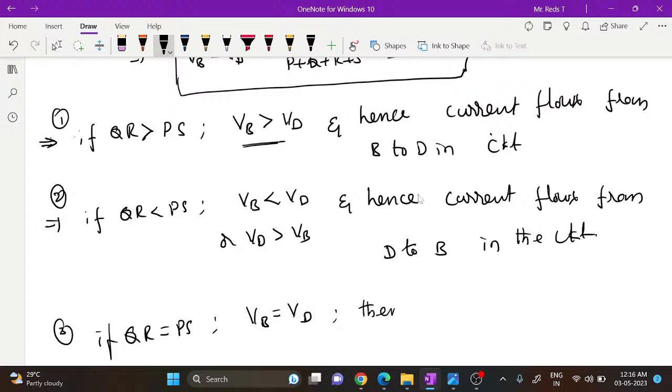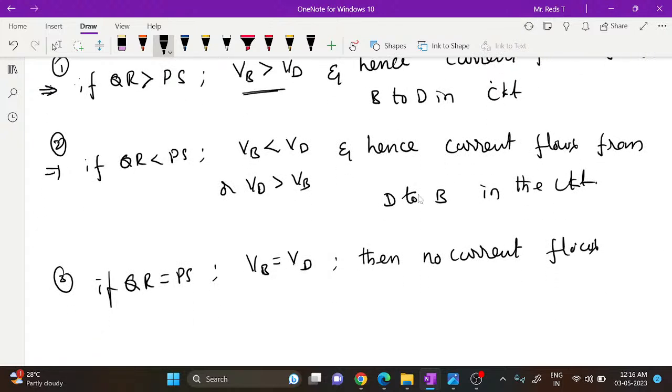Then no current flows through the galvanometer. No current flows between B and D. So these points you have to keep in mind regarding the unbalanced Wheatstone bridge.